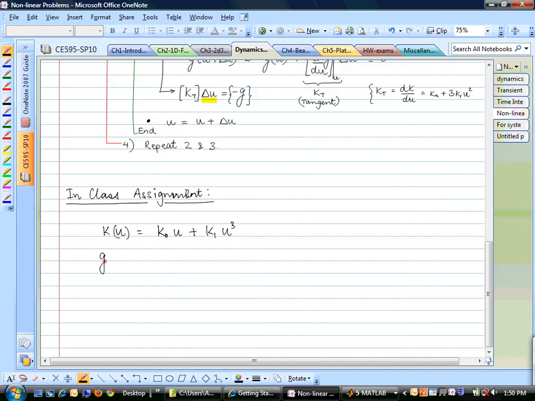The equation that we are trying to solve is the internal force minus external force is equal to 0.